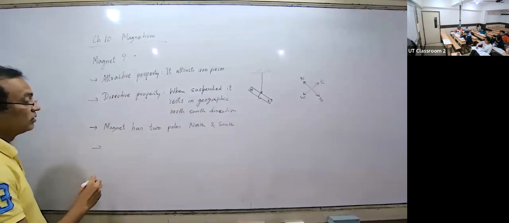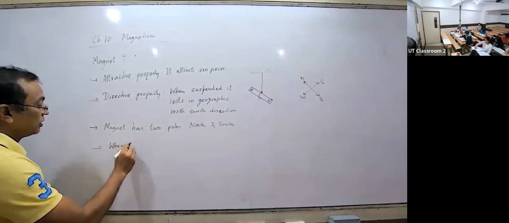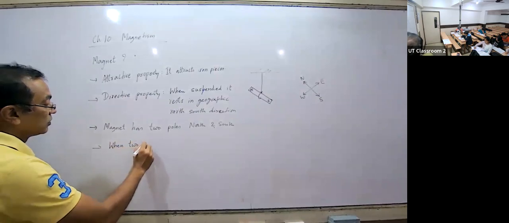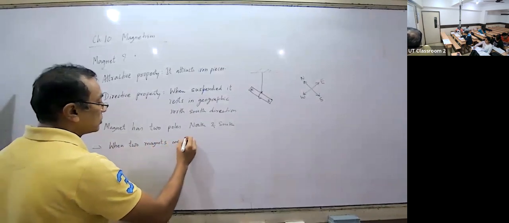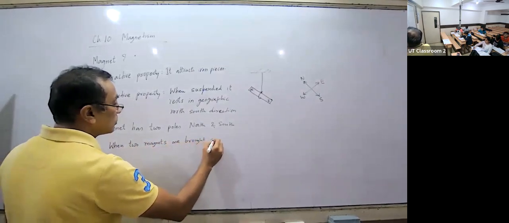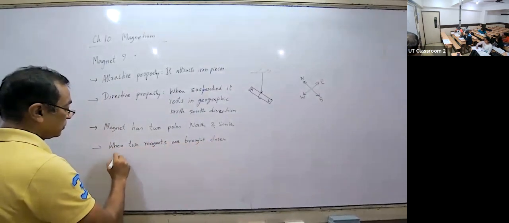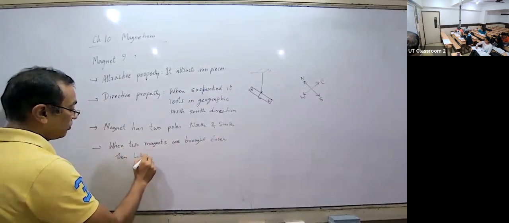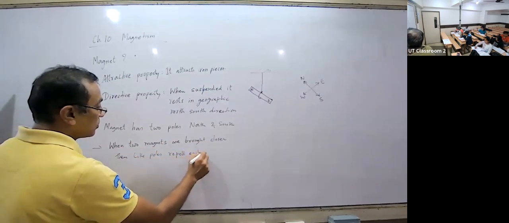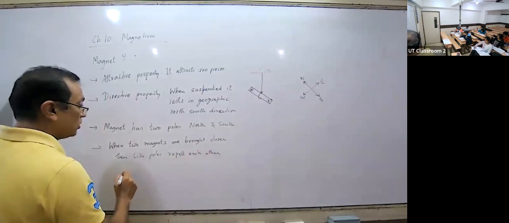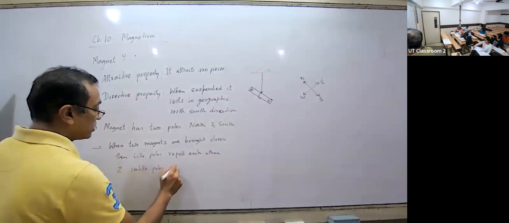Then what is the other property? When two magnets are brought closer, like poles repel each other and unlike poles attract each other.